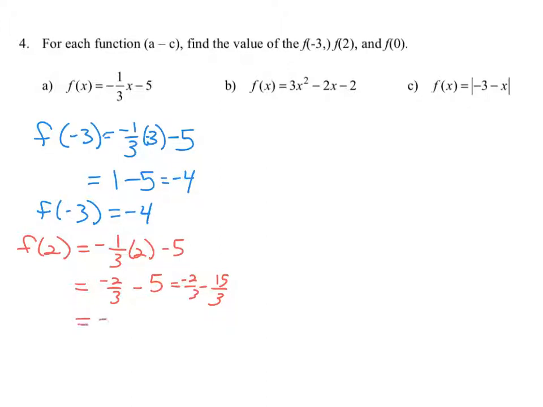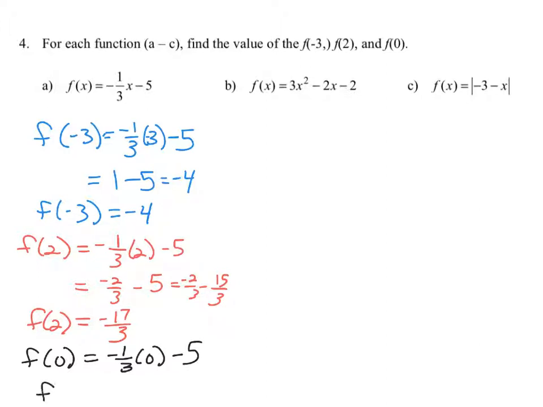So we get -17/3. That is f of 2. Then finally our f of 0. When we plug 0 into the original function instead of x, we get -1/3 of 0 minus 5. When we simplify this, we get f of 0 is equal to -5.